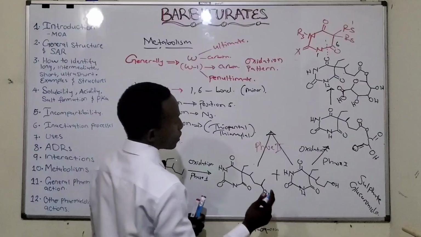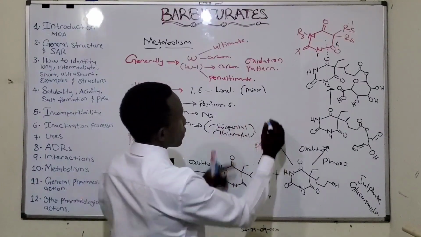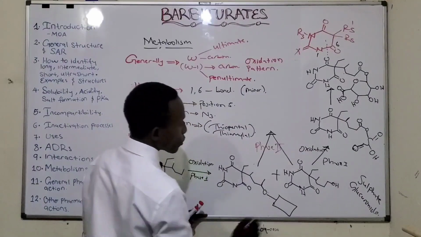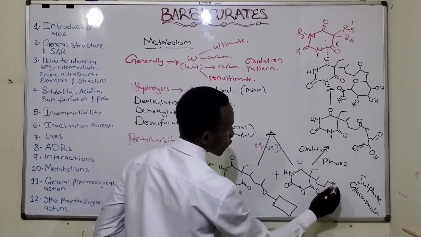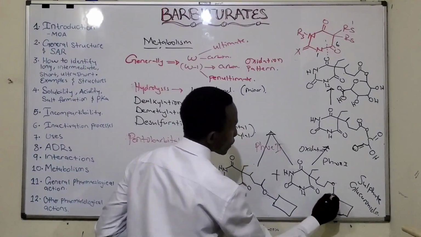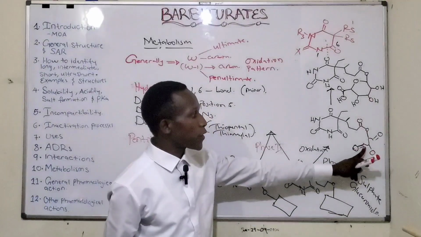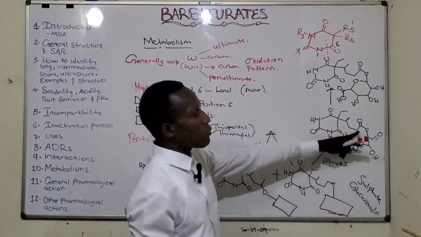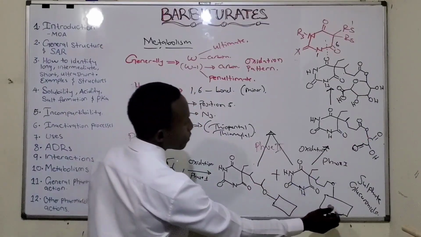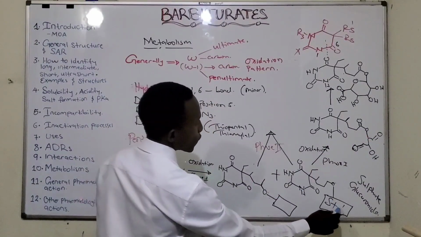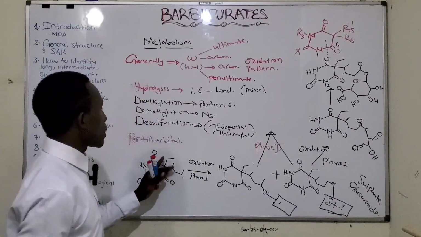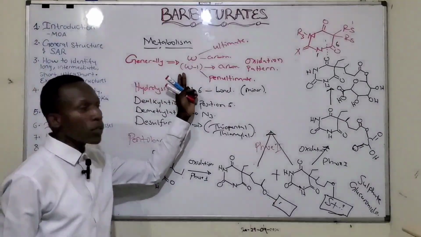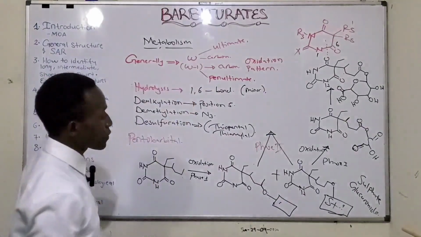Here, we just form conjugates, sulfate or glucuronide, with the same structures, without going again to oxidation to carboxylic acid. So you can see that generally it is at omega, or the second carbon to the omega carbon.